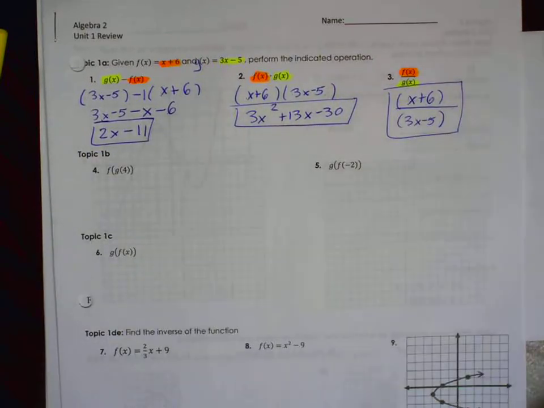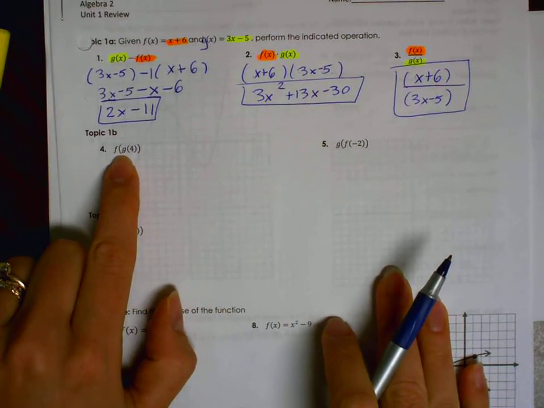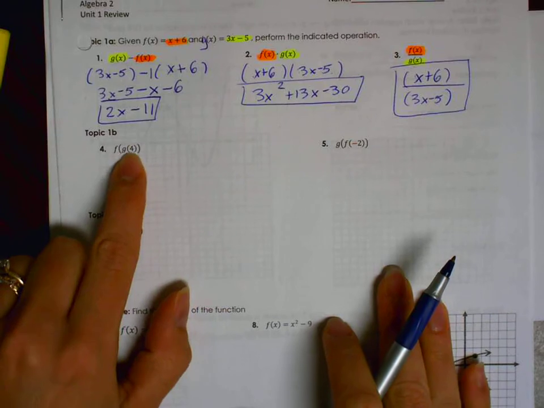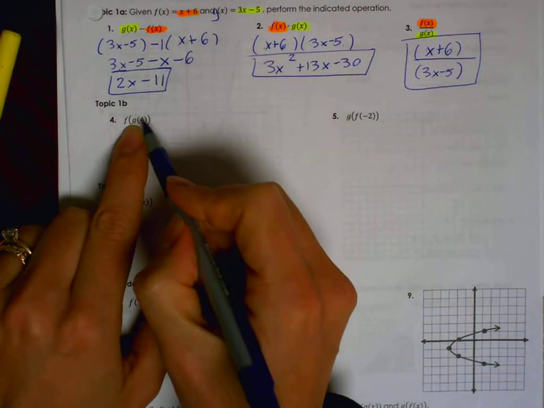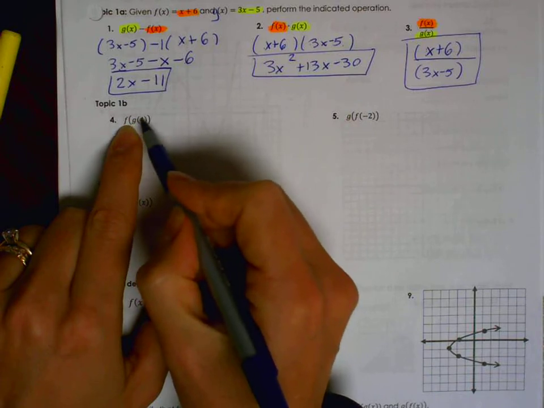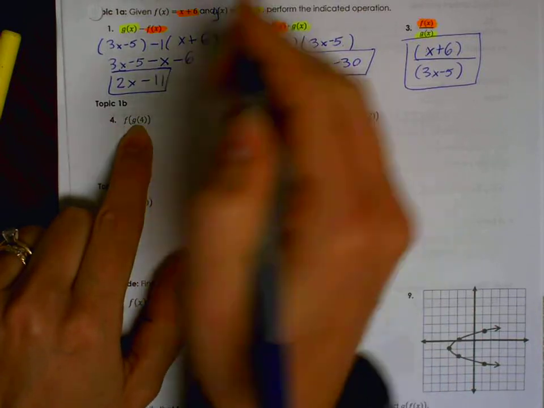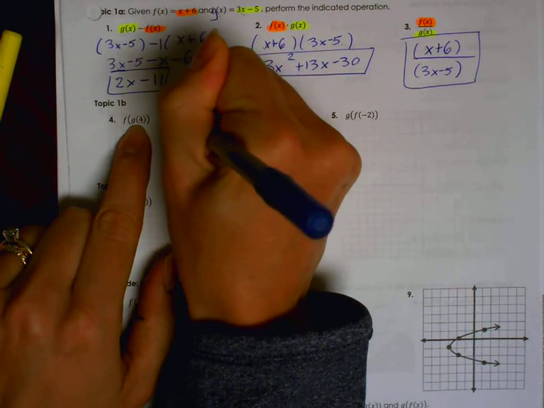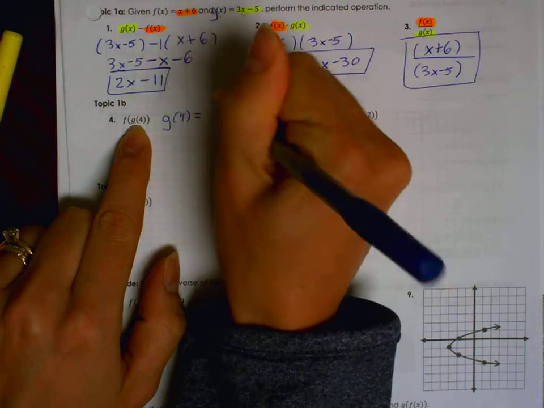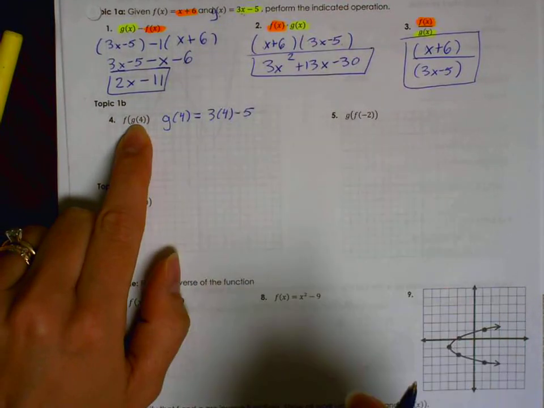All right, so next, function composition. So function composition, remember we start from the inside. So I'm starting with this g of 4, and that's my input. But before I start even putting that in for f, I need to just figure out what is g of 4. So I'm looking at my g function, and g of 4 means that everywhere there is an x, I'm going to replace that x with a 4.